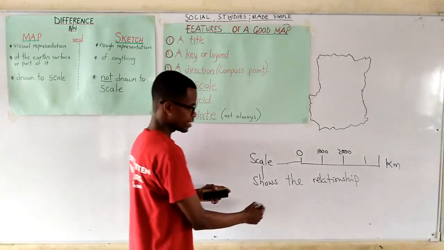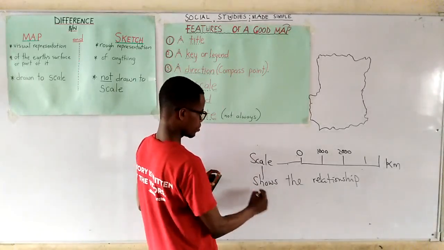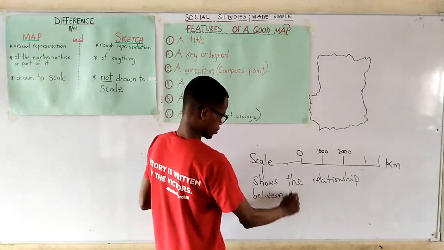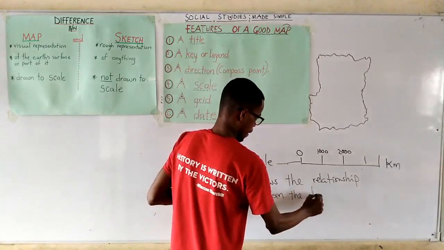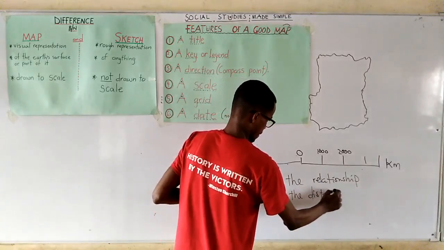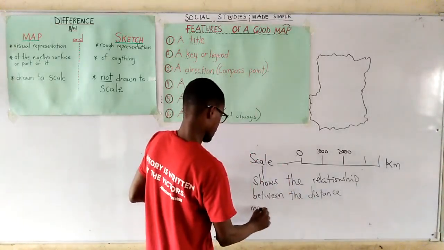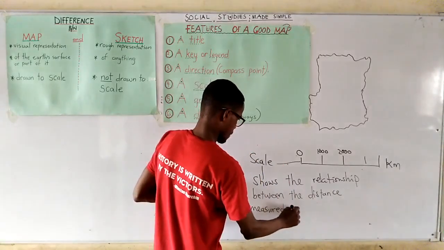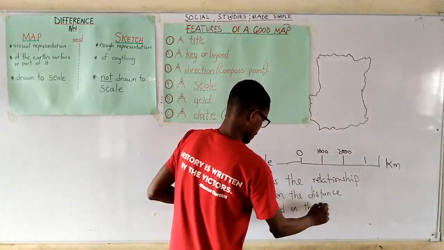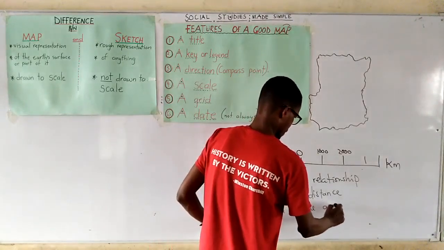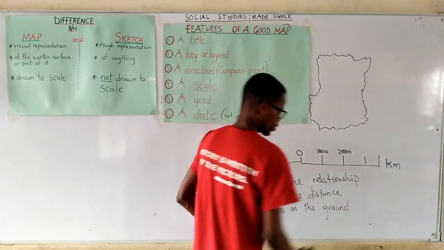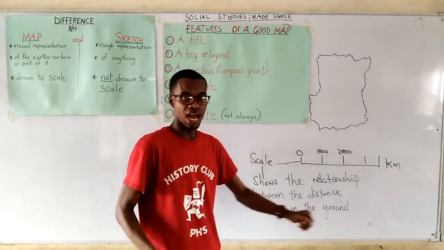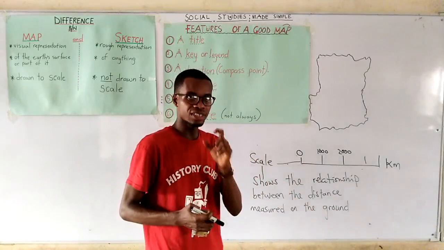Now, the distance relationship between the distance measured on the ground, we also call it actual distance or ground distance.